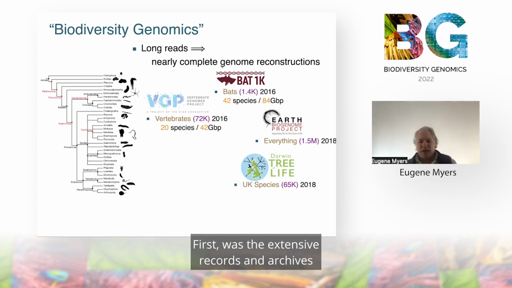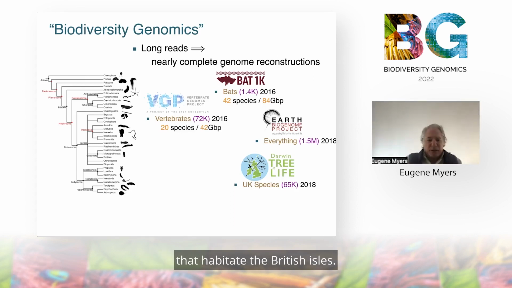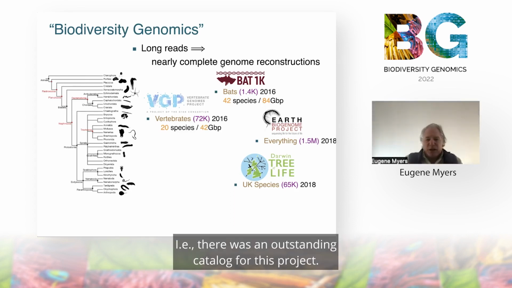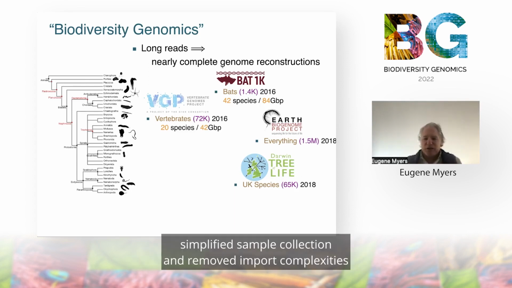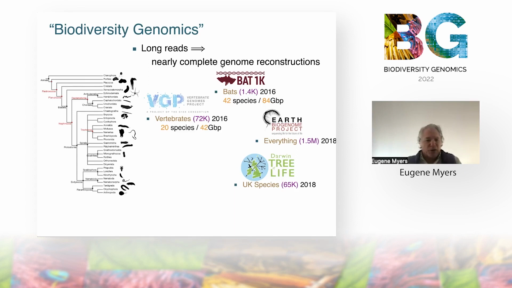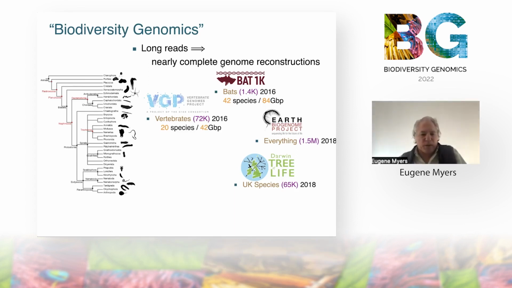First was the extensive records and archives of the British museums of all the species that inhabit the British Isles, i.e., there was an outstanding catalog for this project. And second, and perhaps most importantly, focusing on native species simplified sample collection and removed import complexities introduced by the Nagoya protocols.